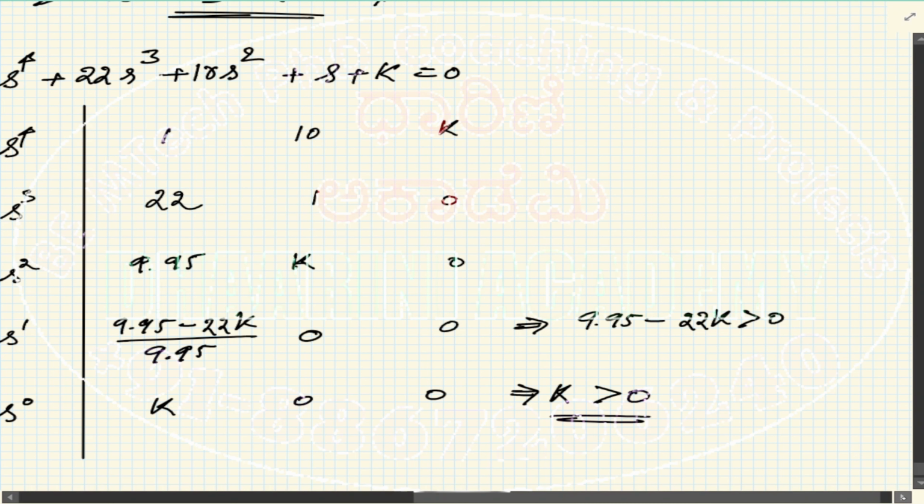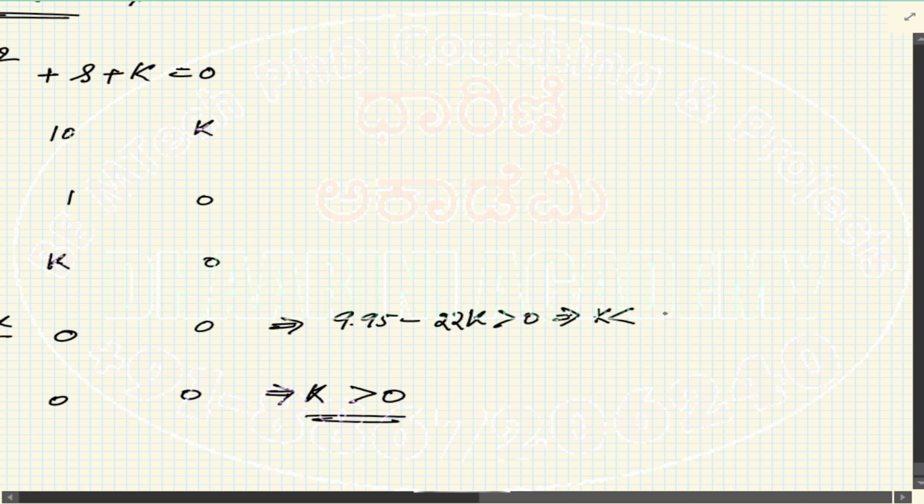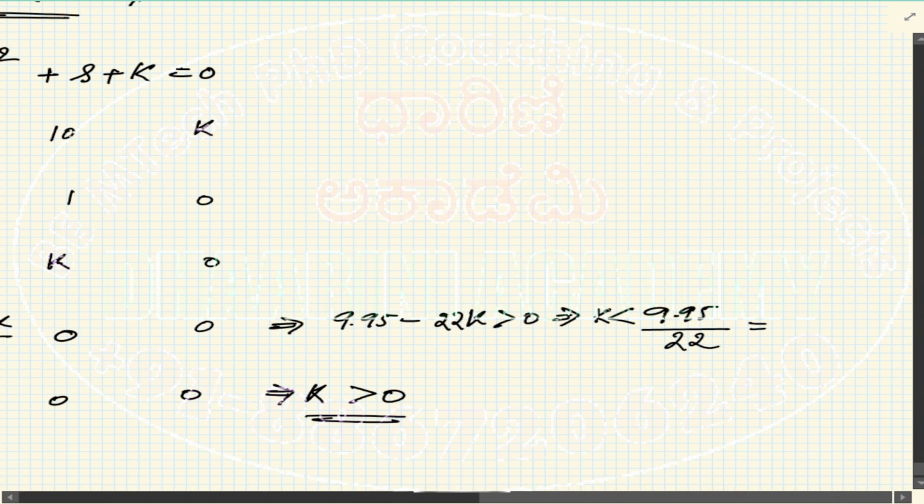That means what is the value of k now? 9.95 is equal to 22k. So k has to be less than 0.45.